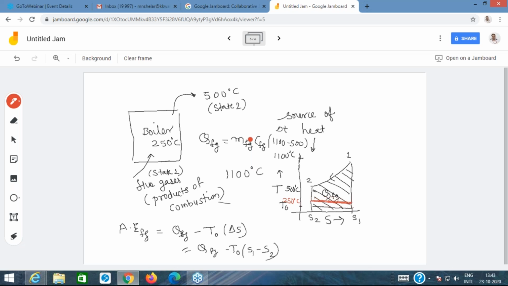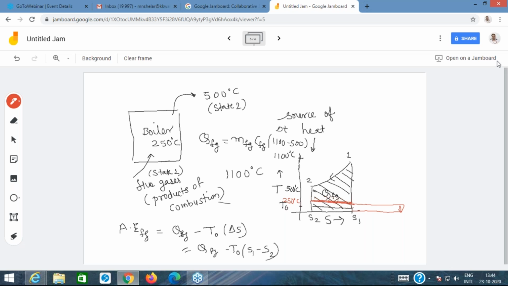And that area has to be equal to what? That area has to be equal to the area under 1 and 2. And why is that so?